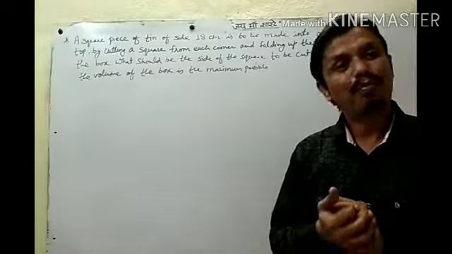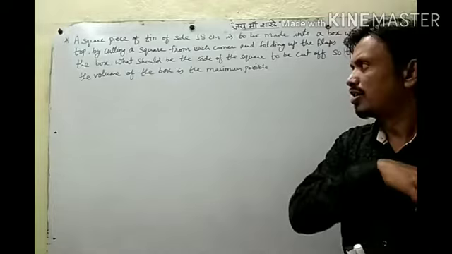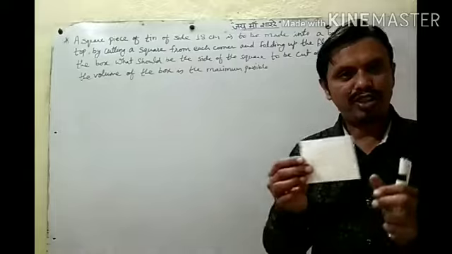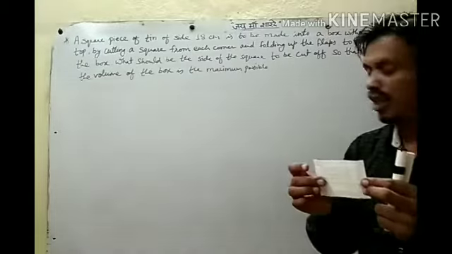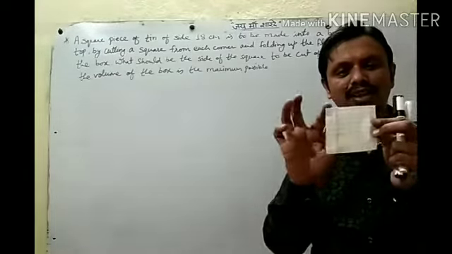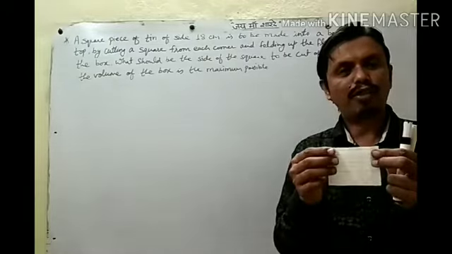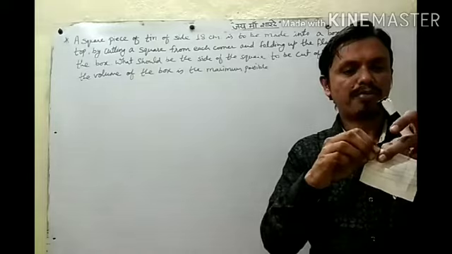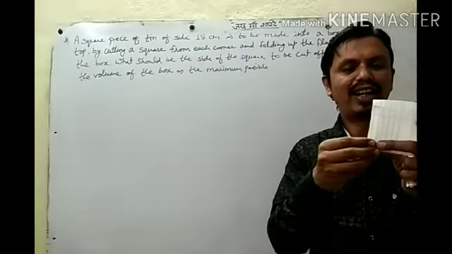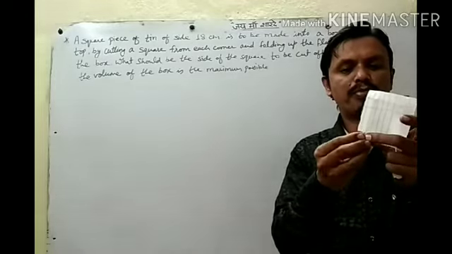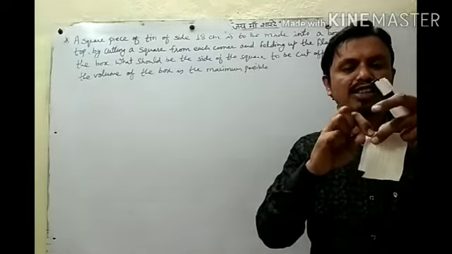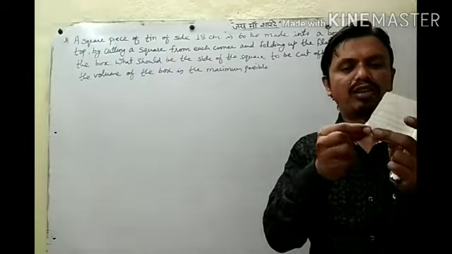Okay, suppose this is our square piece of tin of side 18 centimeter. This is 18 centimeter. Now from each corner we cut one square of side x centimeter. Suppose from each corner we cut one square.